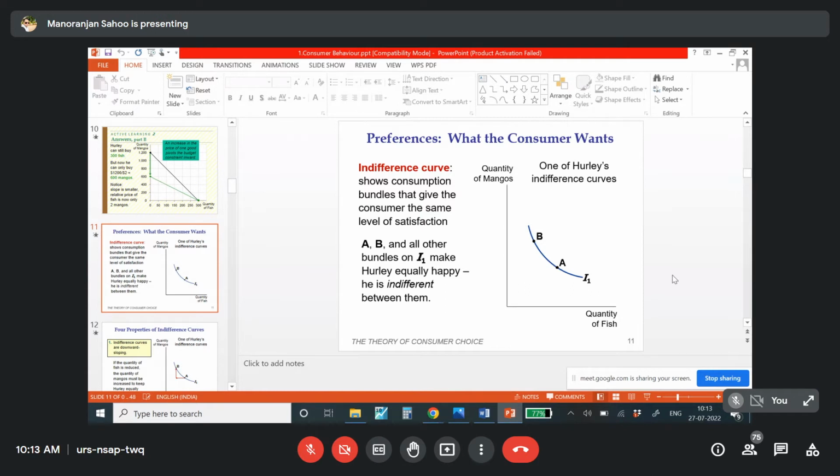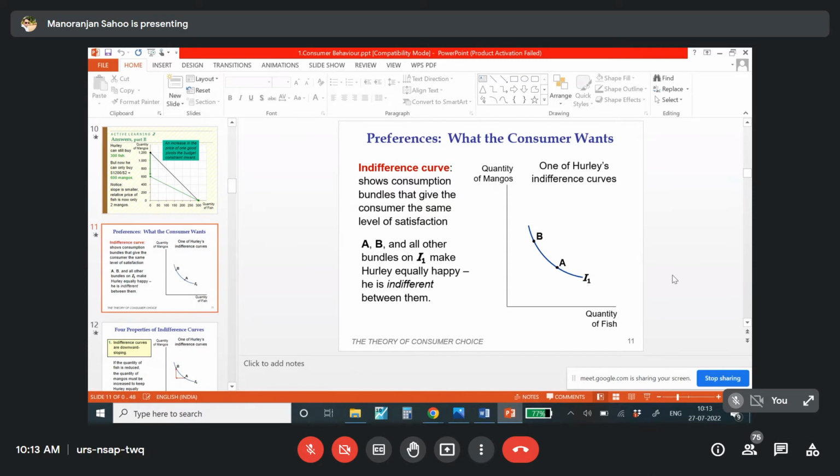An indifference curve consists of various combinations of two commodities, commodity X and commodity Y, which give the consumer the same level of satisfaction. So the consumer can make different combinations out of these two commodities.